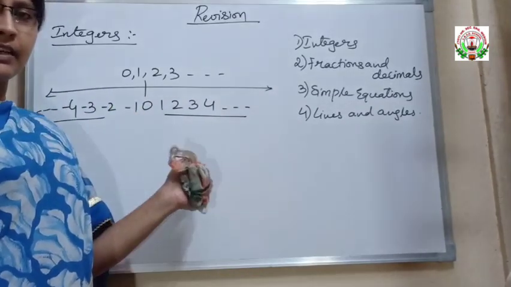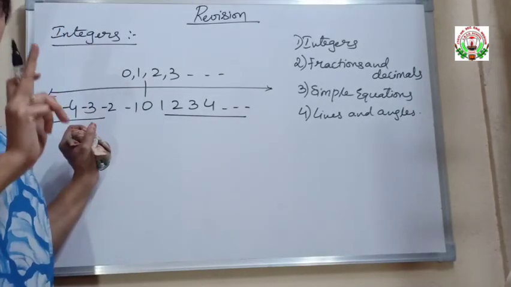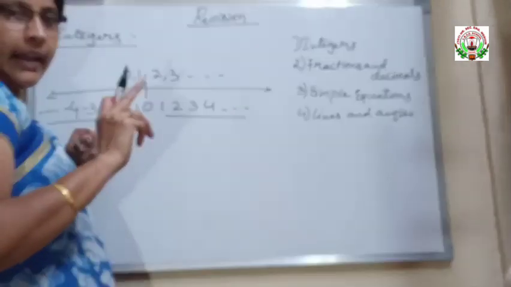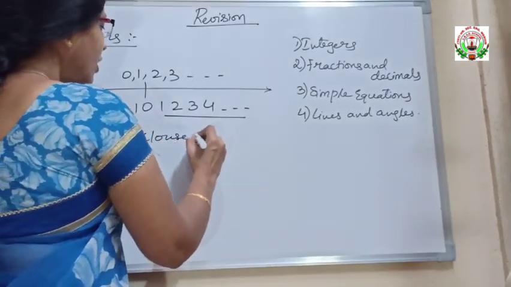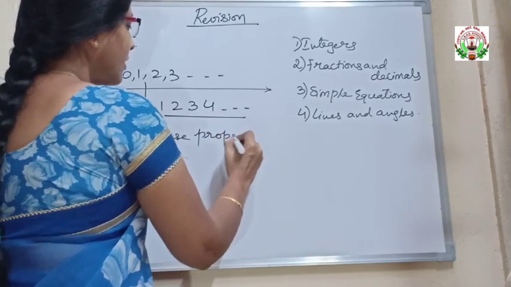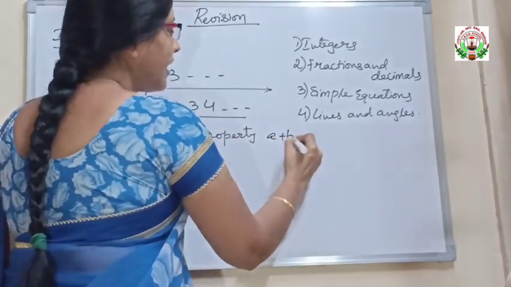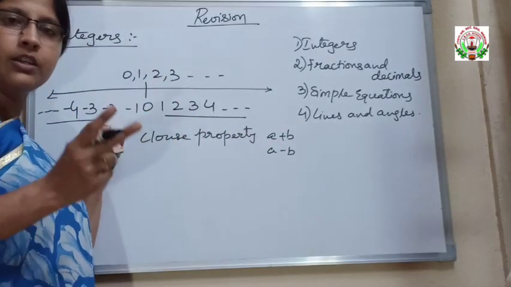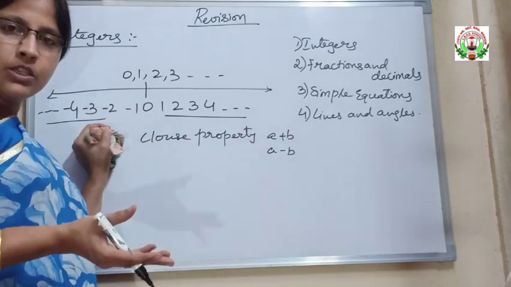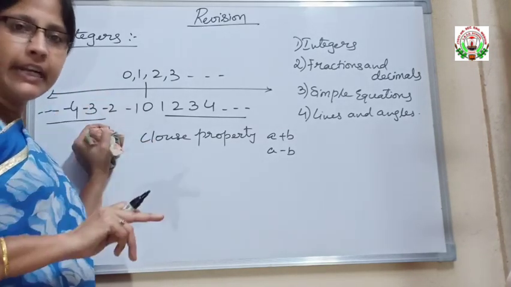And in this chapter we also have learnt that integers are closed under addition and subtraction, that is closure property. Integers are closed under addition as well as subtraction. That is, when you add two positive integers, we are going to get a positive integer. When we add two negative integers also, we are going to get a negative integer.